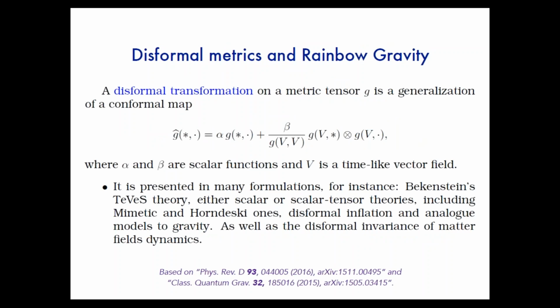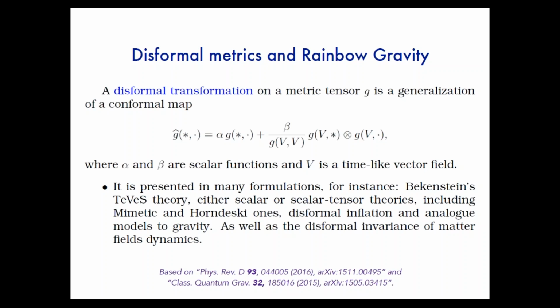But, well, to consider these disformal metrics, that is the kind of metric that's a disformal transformation on a metric tensor, where alpha and beta are scalar functions, V is a vector field, so we introduce an external vector field. As you can see, the norm will be modified.